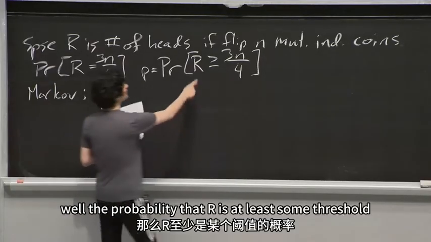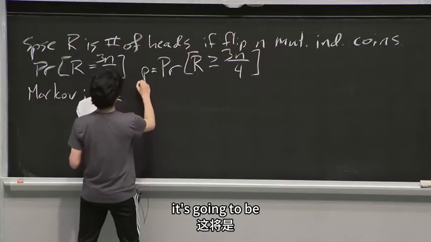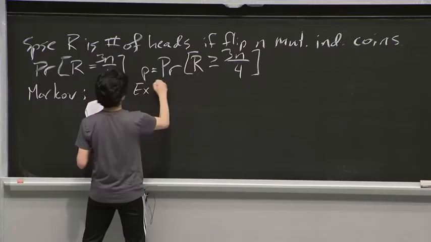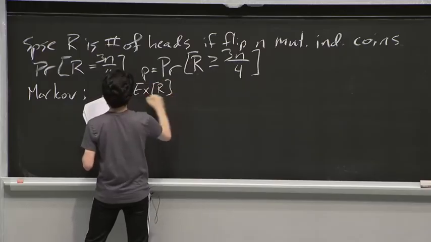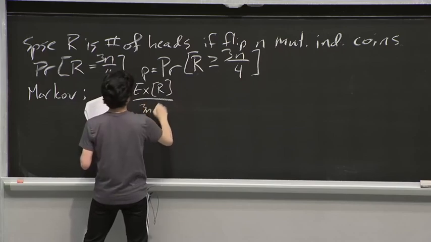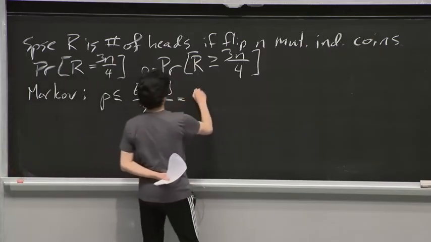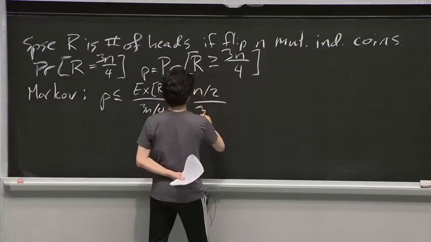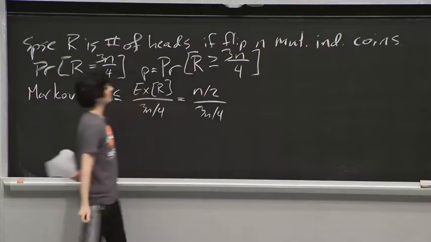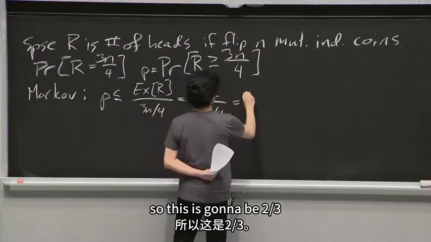Well, the probability that R is at least some threshold is going to be the expectation of R divided by this threshold. What's the expectation of R? N over 2. So this is going to be 2/3.